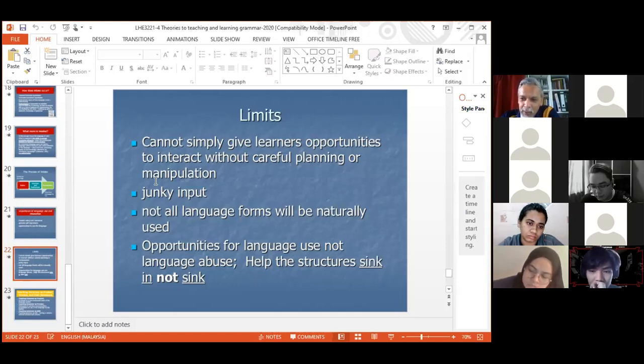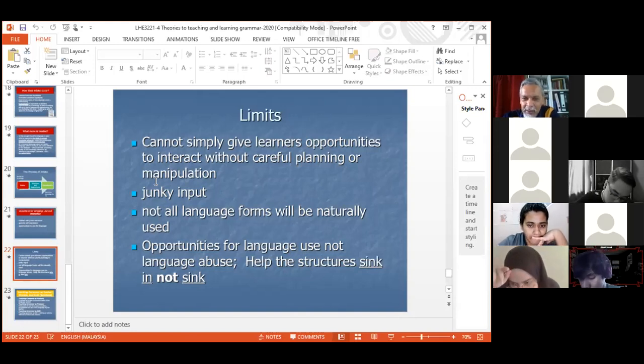If it is group activities, then some of the students may not be very proficient and they will be using language that other learners in the group think is correct when actually it's not correct. So this is junky input. Okay, and from junky input, the other students in the group will use it, and in the end, it becomes fossilized and it's difficult to correct. This is what some people believe in.